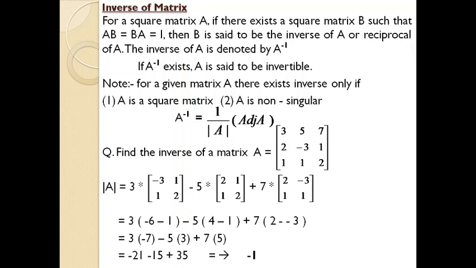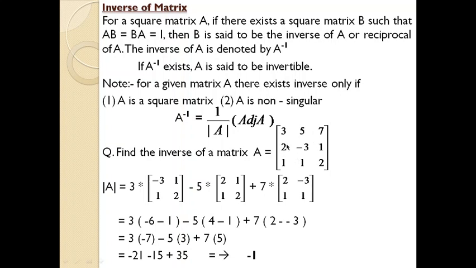In the determinant, the principle of finding the values remains the same, but we only find it on the basis of the elements in the first row. In the case of the minor of an element, you can find the minor of any element within this matrix, and you need to find the minor of all the elements within the matrix, not only on the basis of the numbers in the first row.